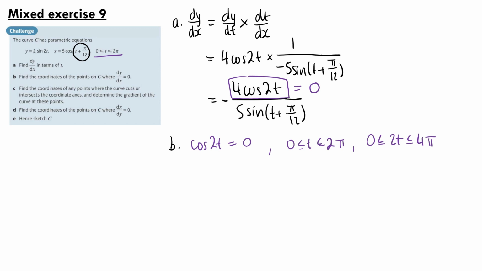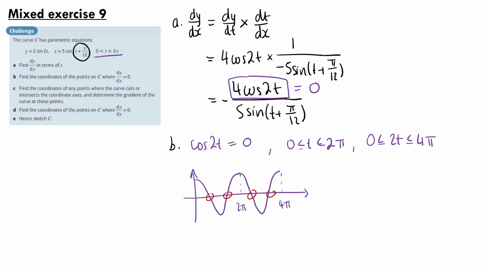So if we draw a graph of cos of 2t between 0 and 4 pi, that's going to look like this. So here from 0 to 2 pi, and then once more from 2 pi to 4 pi. So there's 4 pi, there's 2 pi. So we have solutions here, here, here, and here.